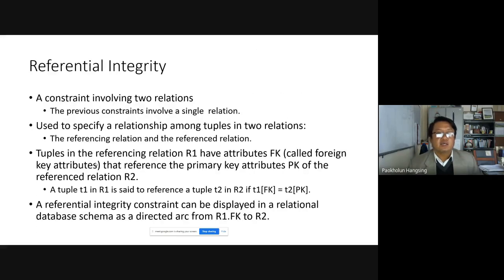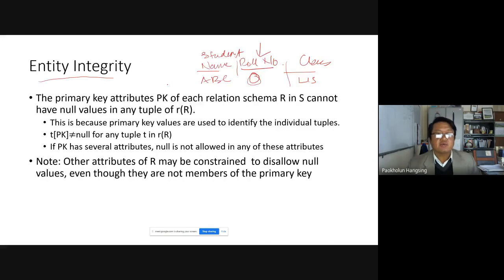Now, coming to referential integrity, a constraint involving two relations. Previously, when we said entity integrity, we were talking about one relation, one table only, which has multiple tuples or multiple rows, where the primary key cannot be null.